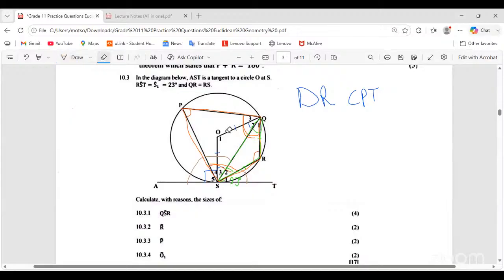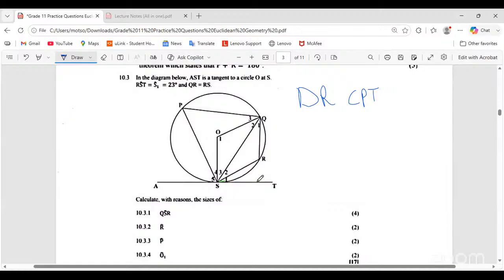Now we can jump into the problems and see what we are required to do. Let me erase this and have my blue pen ready. Calculate with reasons the size of angle QSR. This is Q, there is S, this is R.